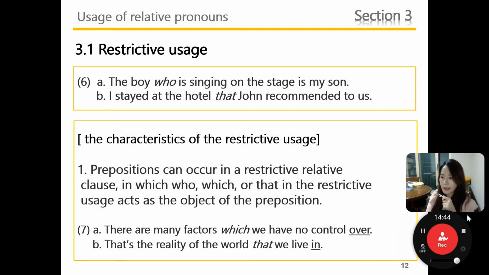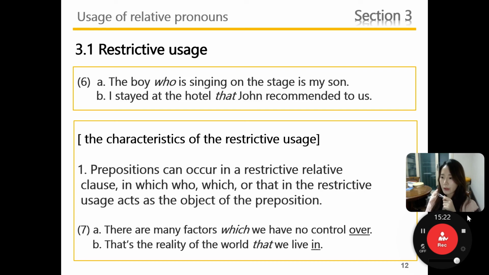The restrictive usage does not have a comma before the relative pronoun, and the relative clause modifies the antecedent before it. Thus, it gives semantic restriction on the antecedent, while modifying and interpreting the antecedent, when it gives specific information on the antecedent to refer to a type of person or an object. Relative pronouns in the restrictive usage include who, which, and that.